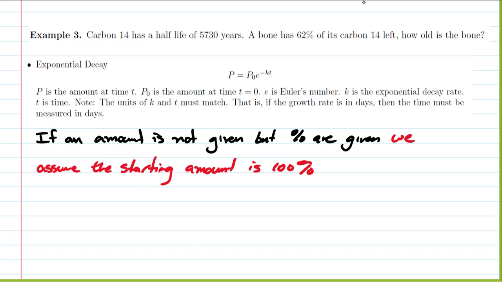So if we're not told how much we start with, we just assume that it's going to be 100%. The good news is 100% as a decimal is just 1.